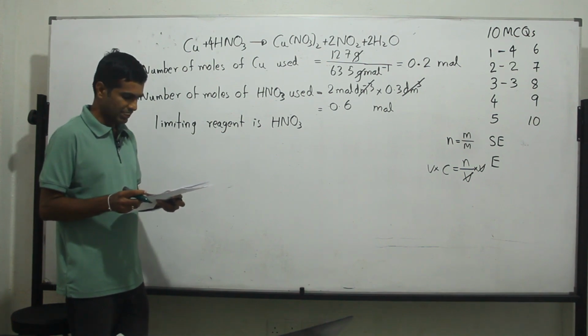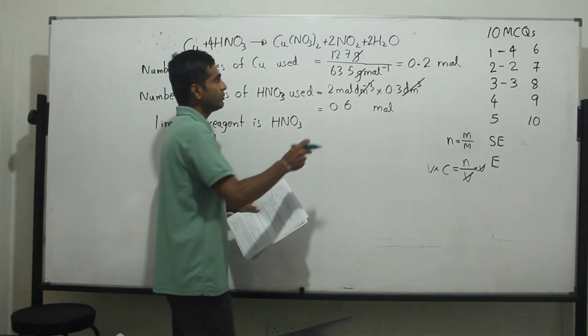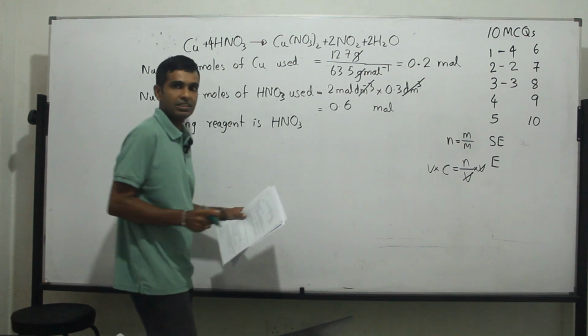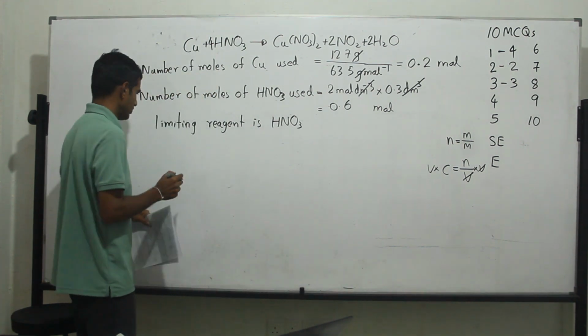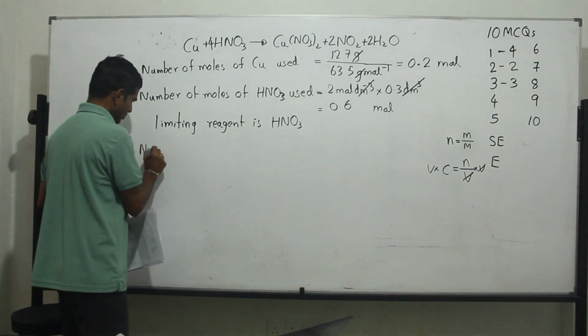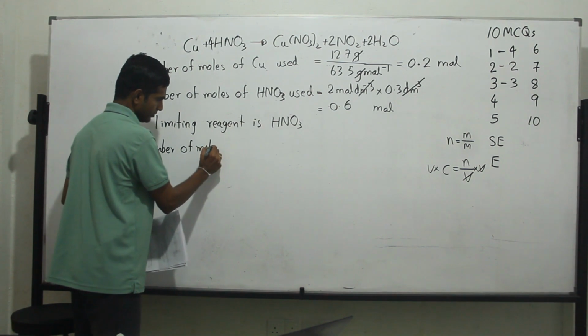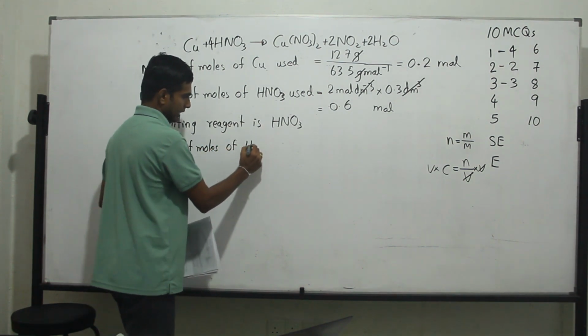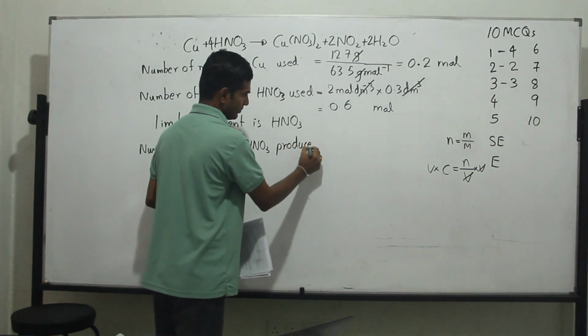The limiting reagent and the volume of nitrogen dioxide gas produced at standard temperature and pressure respectively are. So we need to calculate the volume of the nitrogen dioxide that is produced by this reaction. So next we can calculate number of moles of nitrogen dioxide produced.